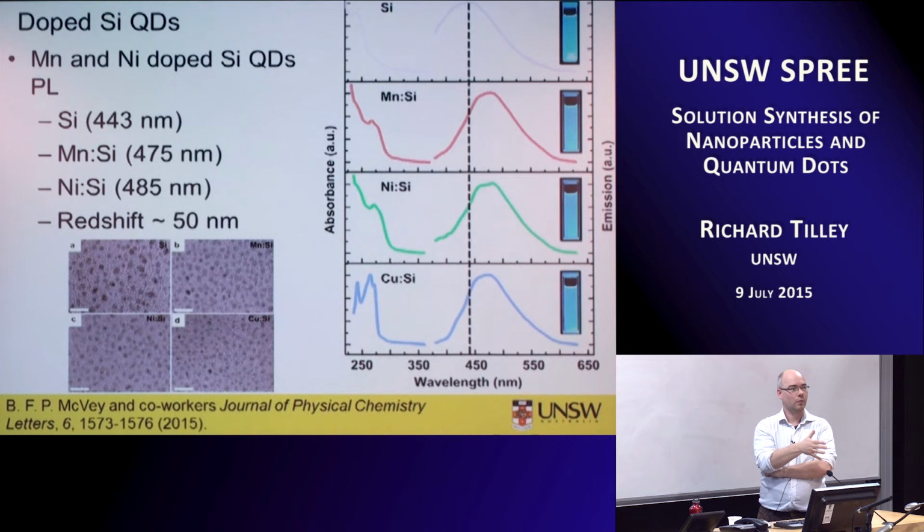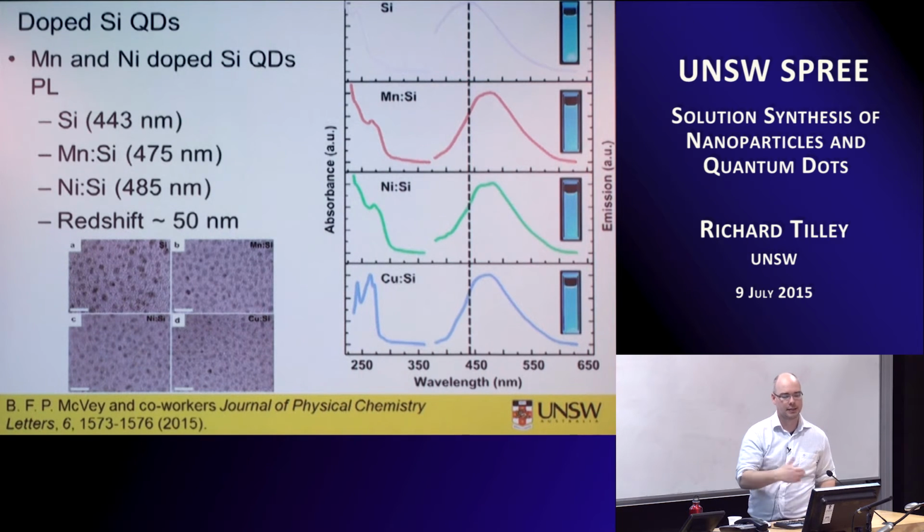So we've always been trying to shift the emission from our dots away from the blue for those biological applications, down towards the red. Although we could shift a little bit from blue to a bluey green, it wasn't as far as we wanted to shift. But it was quite an interesting process.